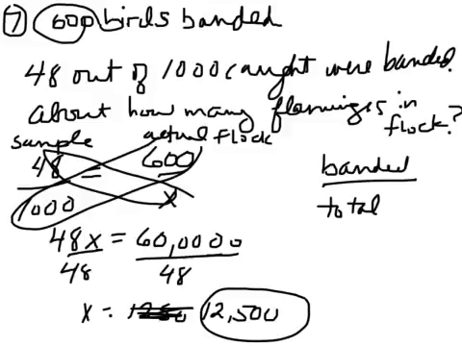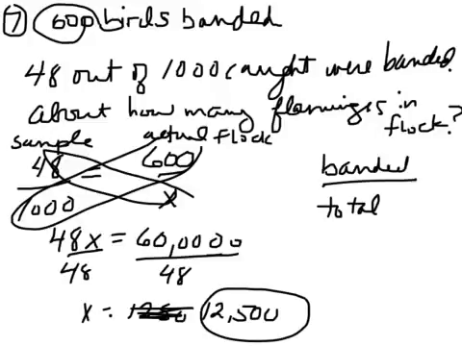Now, how did I know that that number was probably not right? I didn't look at the book. I am looking at it now, and now I have the right answer. But the reason I knew that couldn't be right is if they caught 1,000 and 48 were banded, I know the total population couldn't be 1,250, because that can't be, right? We know that there were 600 birds banded, and that is not the same kind of proportion of banded to total.